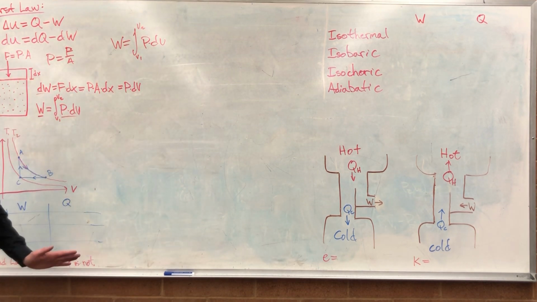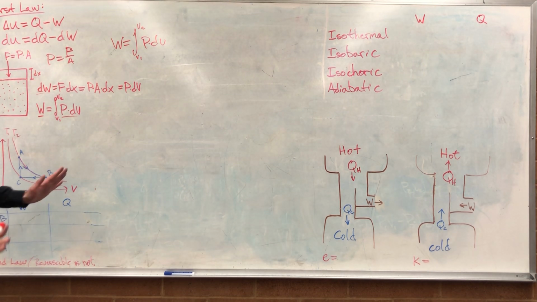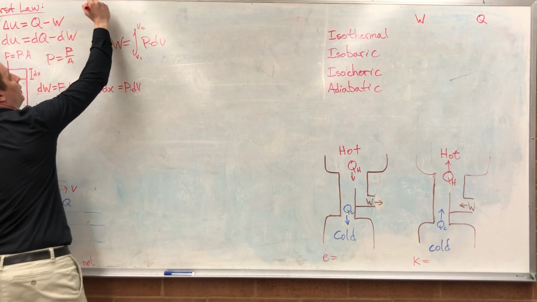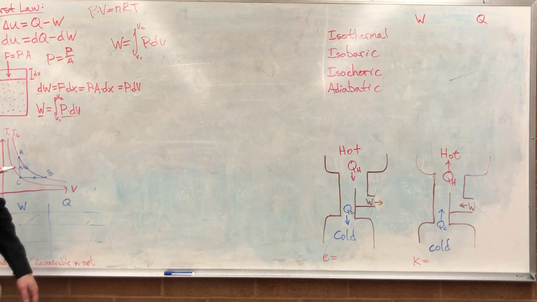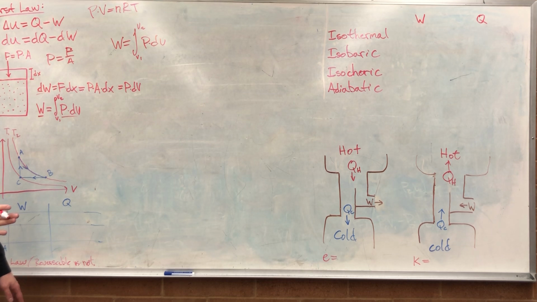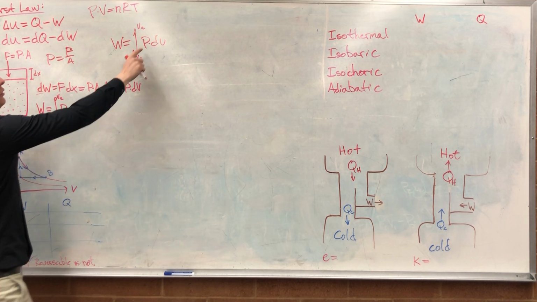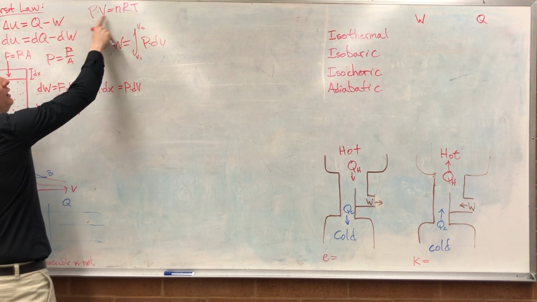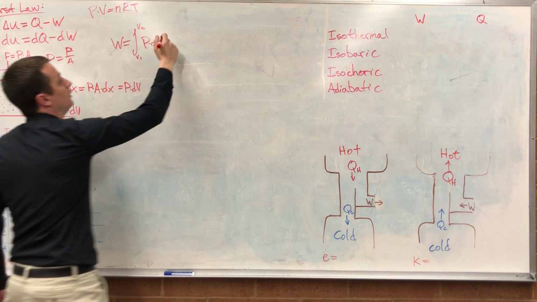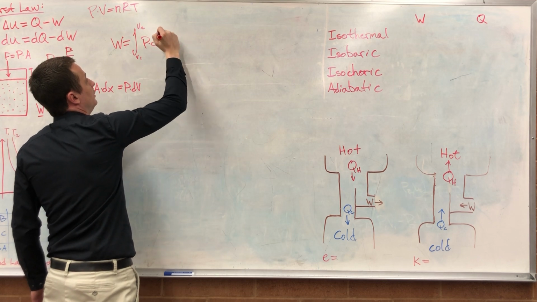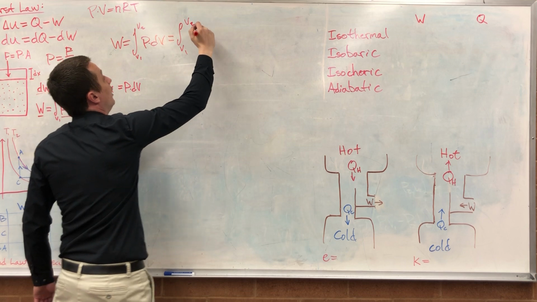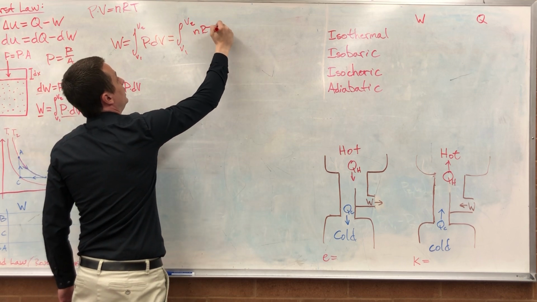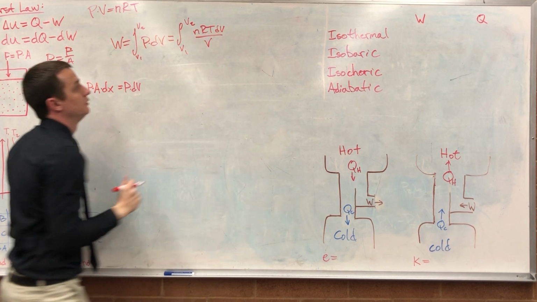Now, it's assumed that we're talking about ideal gases, so PV is equal to nRT, we can always use that. Since P and V are variables, we want to rewrite P in terms of V. So P is equal to nRT over V. So this is equal to the integral from V1 to V2 of nRT dV over V.